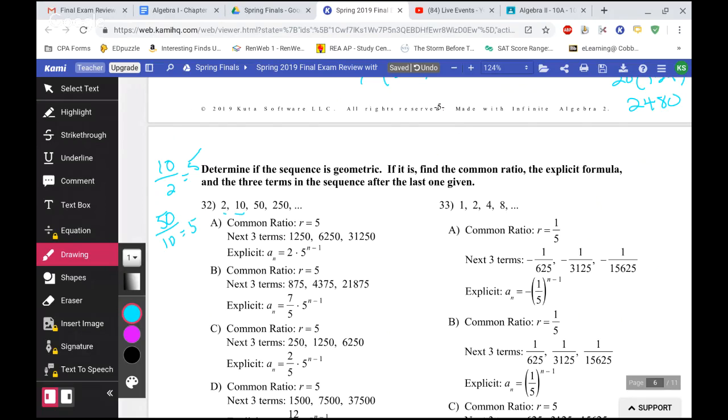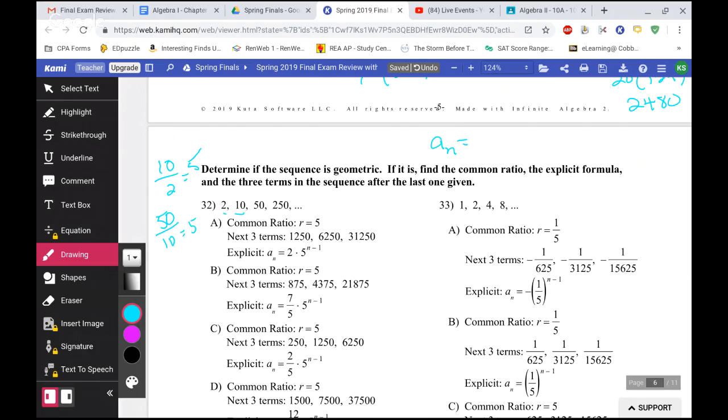And then from there, you're going to use the formula for a geometric sequence. So much easier. Once again, a term formula always begins with A sub n.